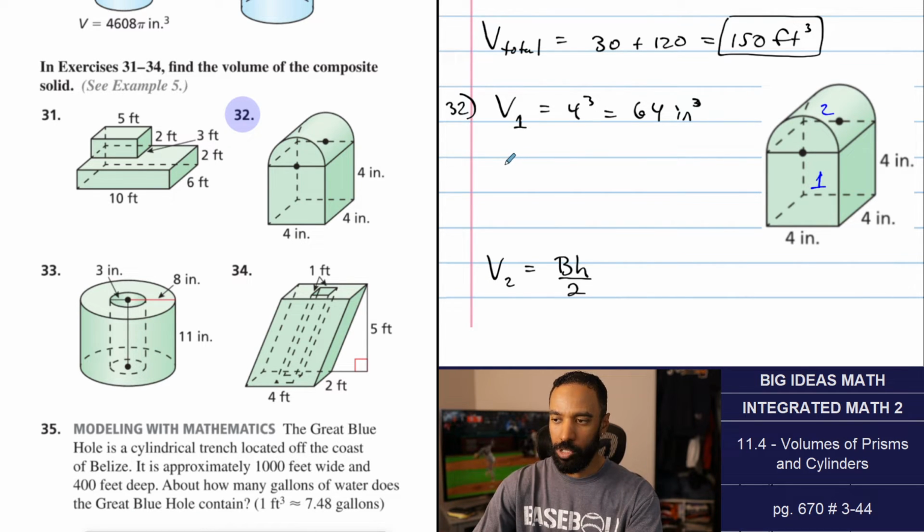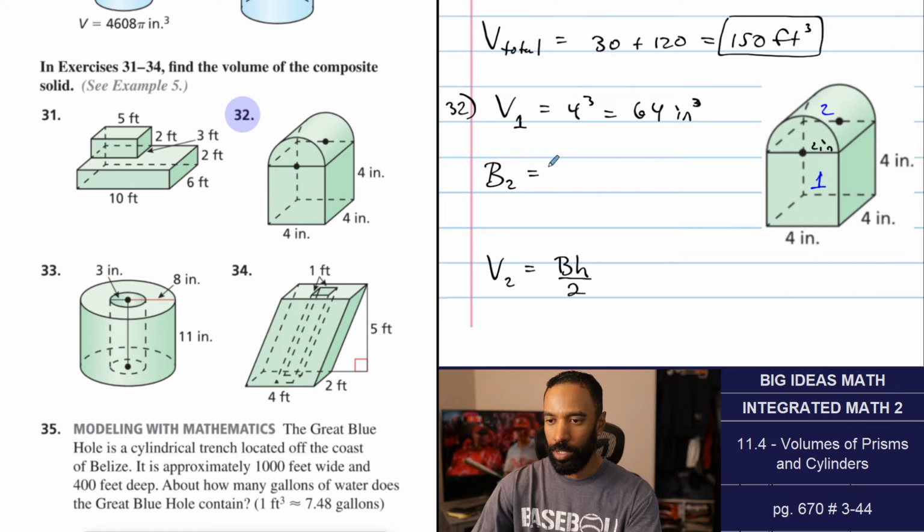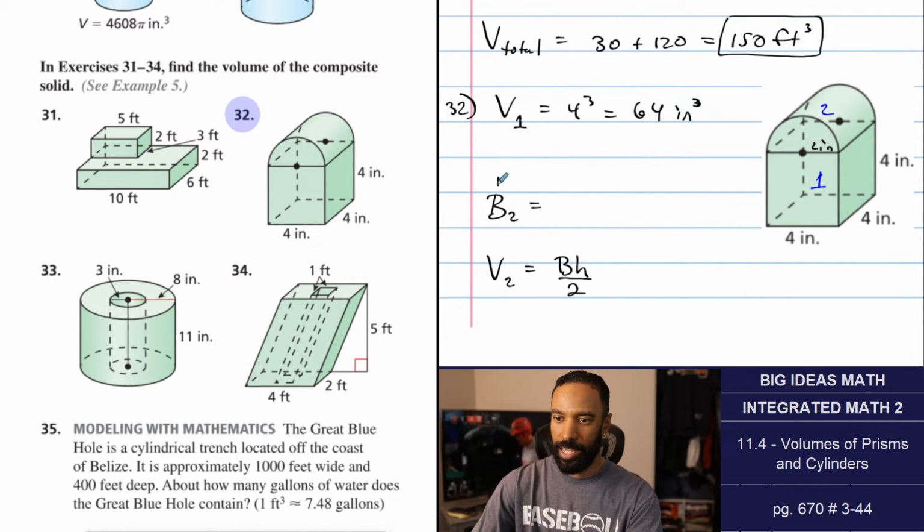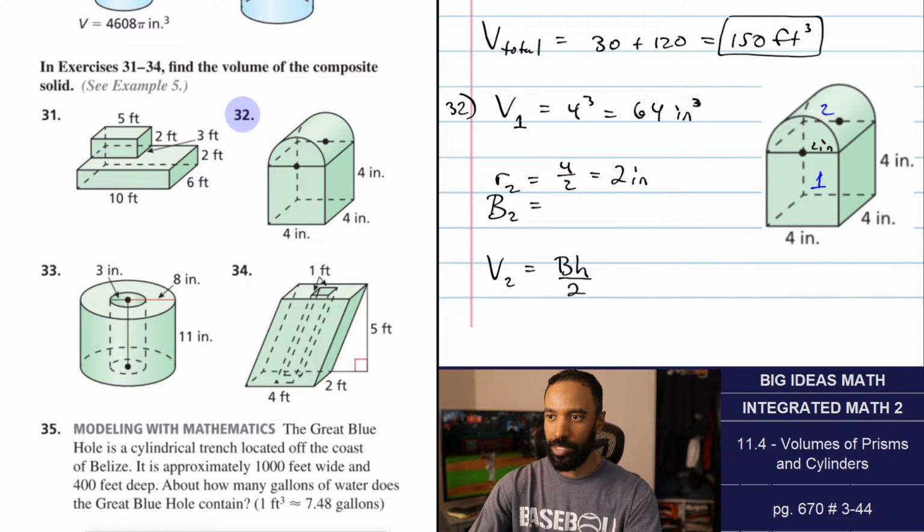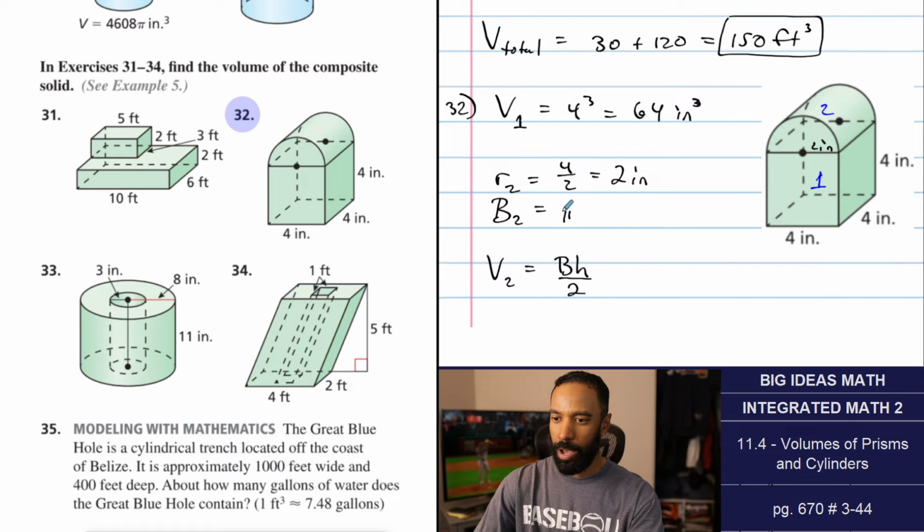So for volume 2, we need the area of the base. The diameter is 4, therefore the radius is 2. The radius of object 2 is 2 inches. So the base of the semi-cylinder is pi times 2 squared, which is 4 pi square inches.